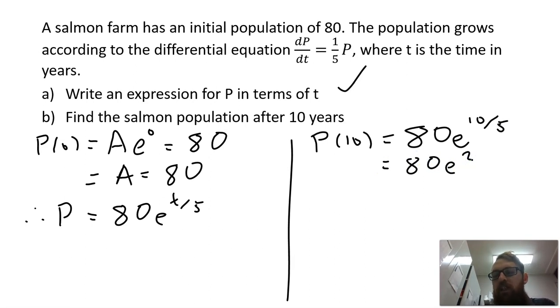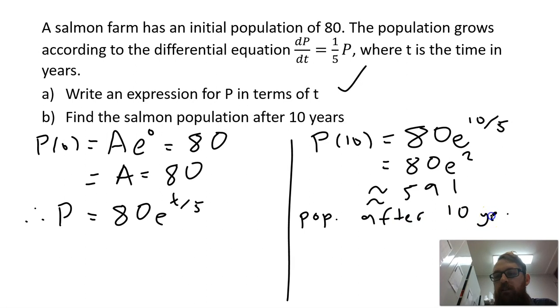If you put this into your calculator, this equals approximately 591. You want to write a little sentence like: the population after 10 years is 591 salmon, to show you've understood the question.